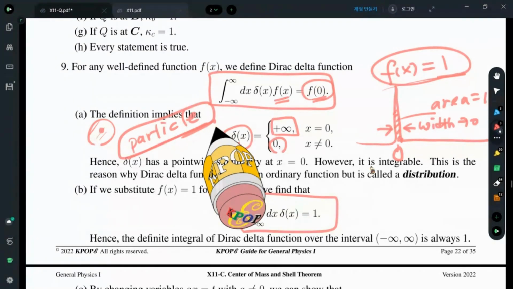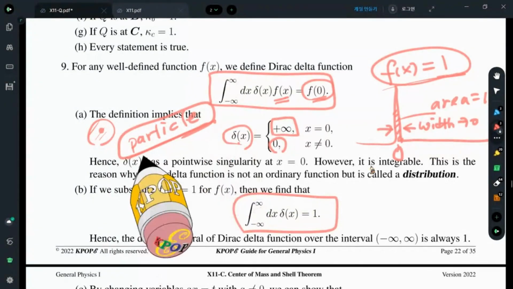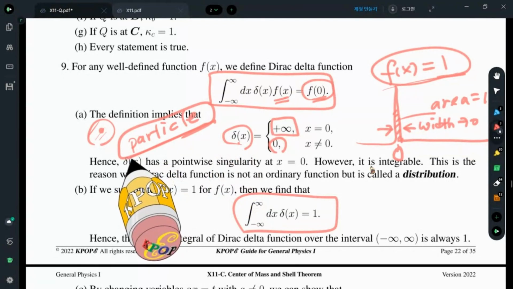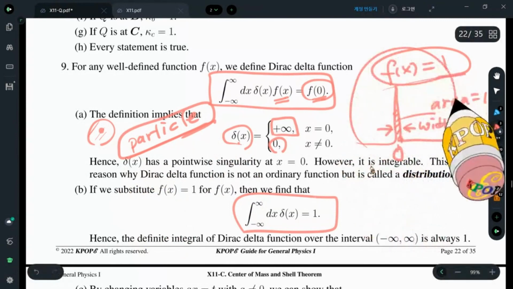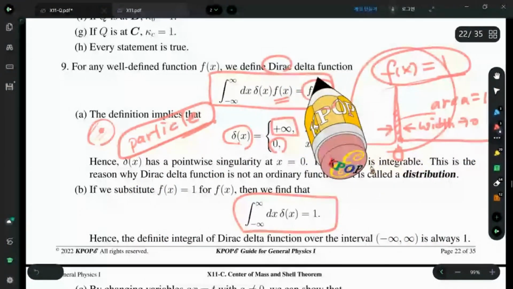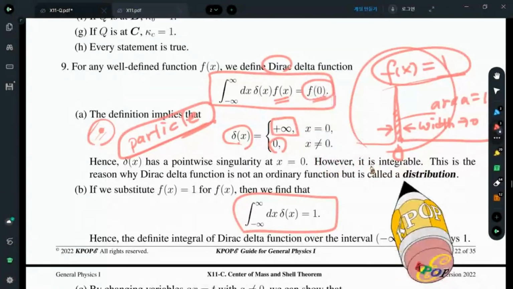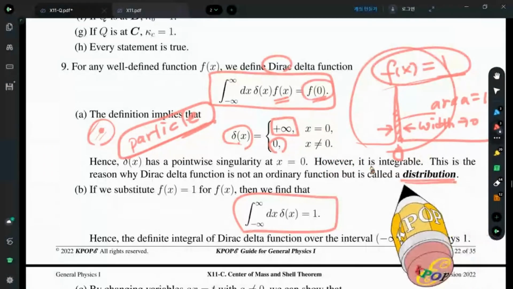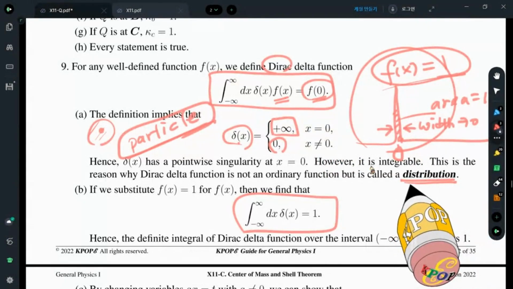That is a consequence of employing the particle concept. Dirac introduced the Dirac delta function, which is not a function but a kind of distribution, very convenient for our physics analysis.